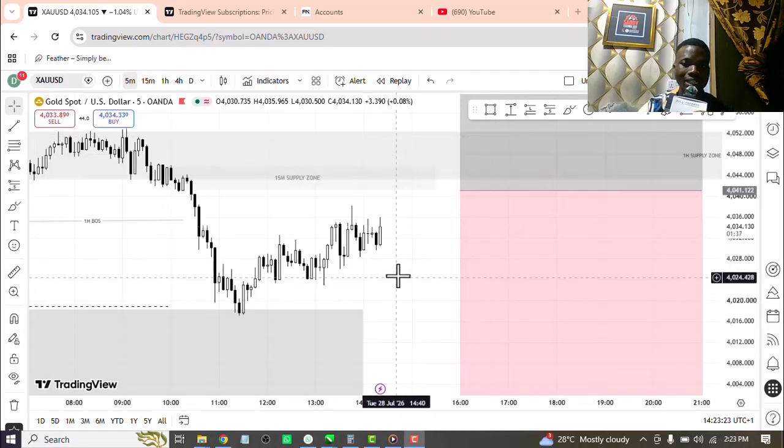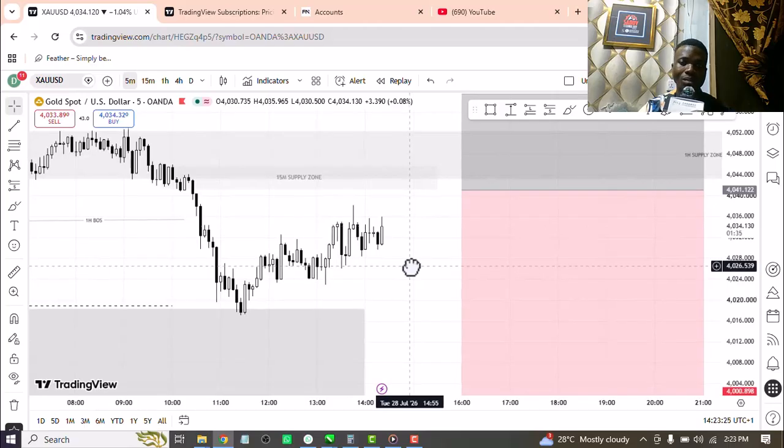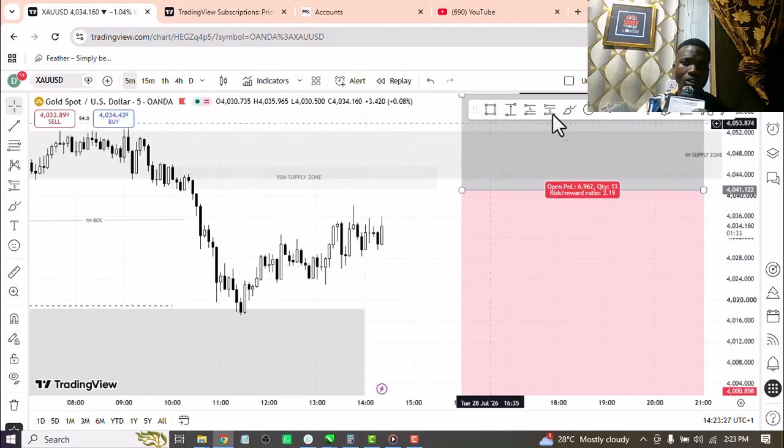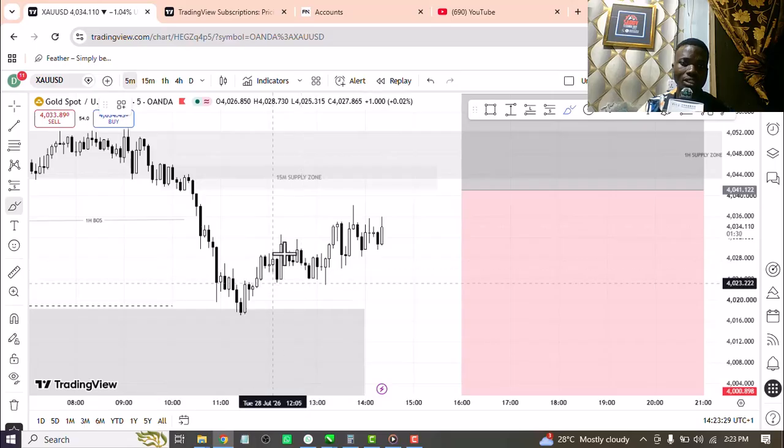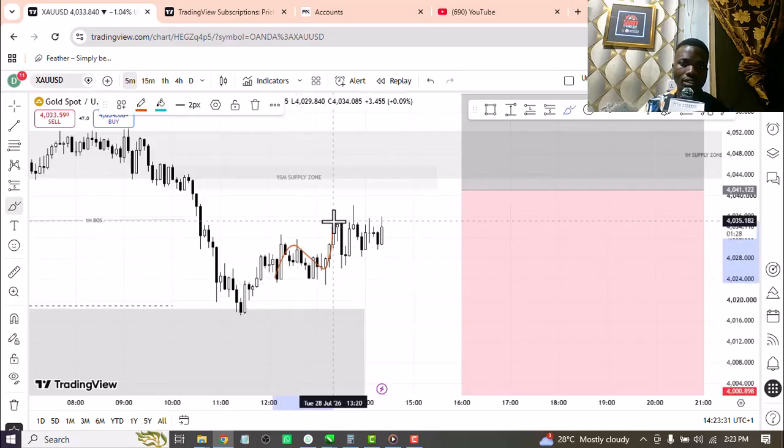I'm explaining what is currently happening in the financial market live to you. Price was creating higher highs, higher lows, higher highs, and now it has been consolidating at this zone right here.